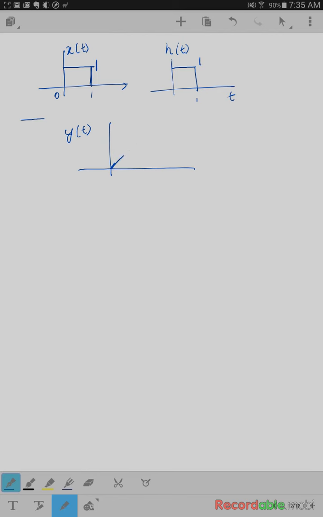It increases until t equals 1 and then reduces again until t equals 2 and then becomes 0. So do work out this convolution integral, to check that you can derive this triangular function as the convolution of these two rectangular functions. Alright, thank you.